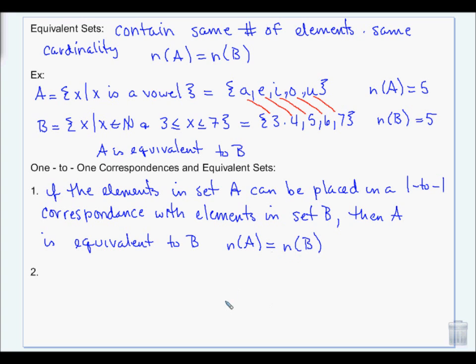If I tell you 2 sets are 1-to-1, then you can say, okay, they're equivalent.